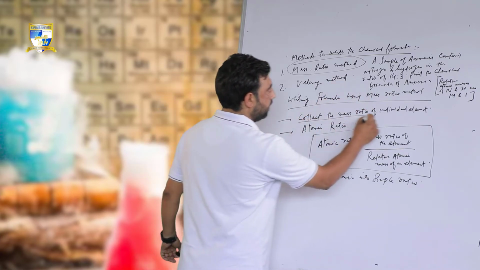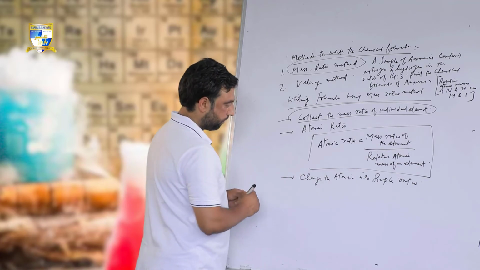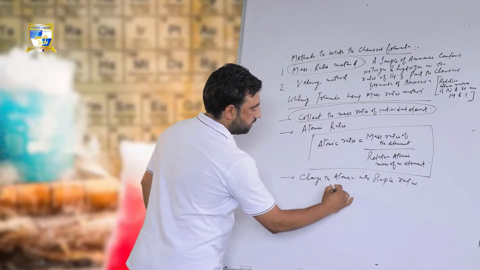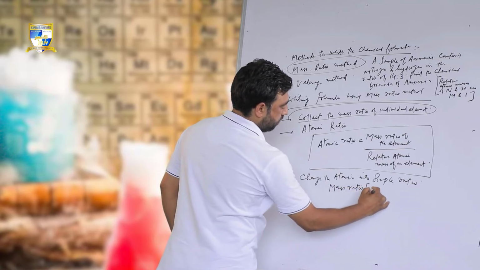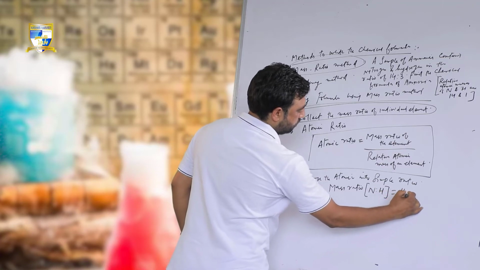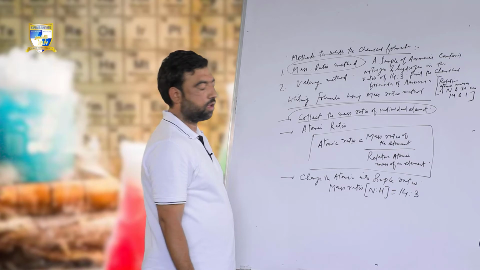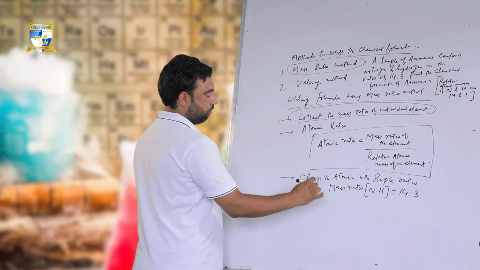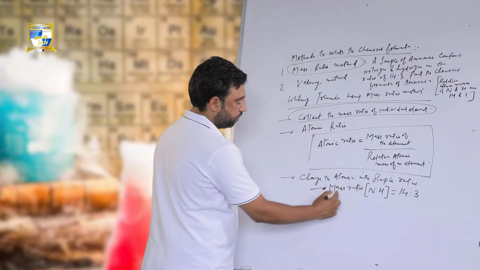First, what do we have to collect? We have to collect the mass ratio. Nitrogen is to hydrogen, it is given 14 is to 3. Then what do we have to do? First, we have to collect the mass ratio.